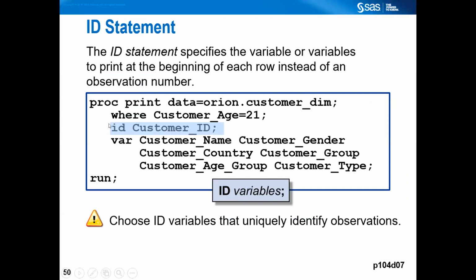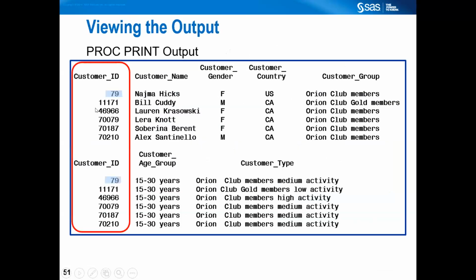You can omit the observation column, and on customer ID, you can locate your variable values. The ID statement specifies the variable or variables to print at the beginning of each row instead of observation number. So if it spans multiple lines, depending on the ID value, you can locate that this row is actually for the same customer ID, but it's spanning the next line.